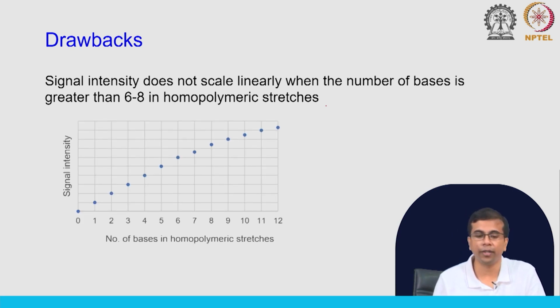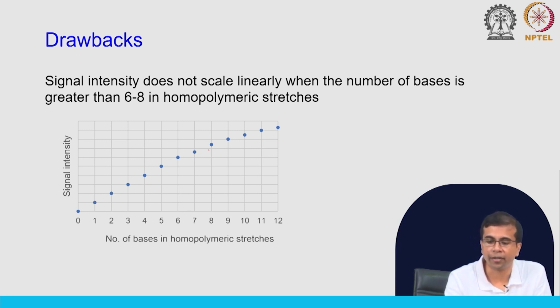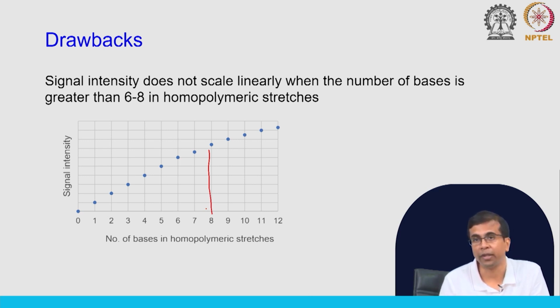Okay. So, here is a schematic of the whole thing, right. As you can see, the x axis is the number of bases in homopolymeric stretches as I just explained, and the y axis is the signal intensity, and in the initial part up to 6 to 8 it is linearly proportional, right. The signal intensity is linearly proportional to the number of bases in the homopolymeric stretch, but after that it slowly starts to saturate, right.